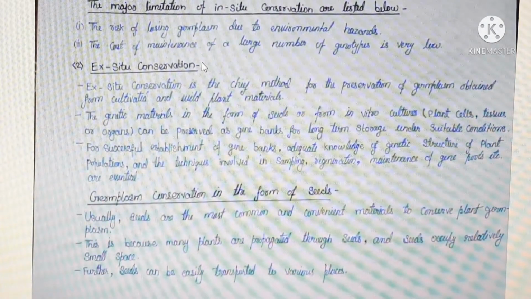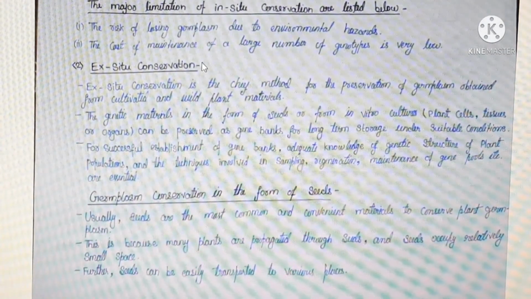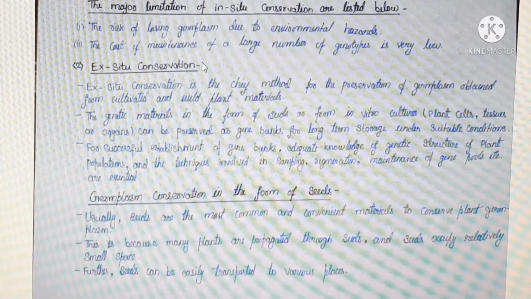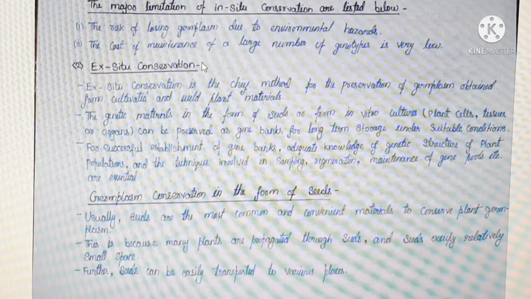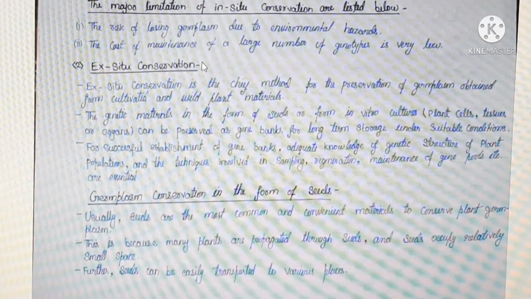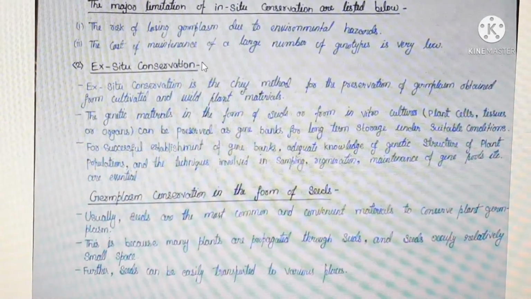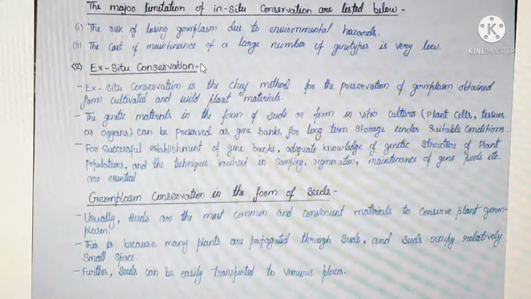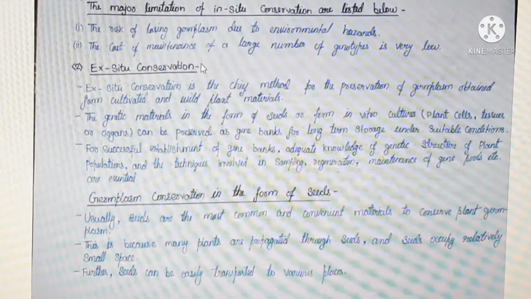For successful establishment of gene banks, adequate knowledge of the genetic structure of plant populations and the techniques involved in sampling, regeneration and maintenance of gene pools are essential.